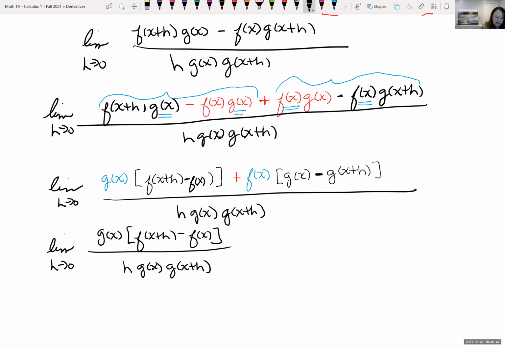Here, I notice that this second bracket up here almost looks like the derivative. The thing is, I normally have a g of x plus h minus g of x.